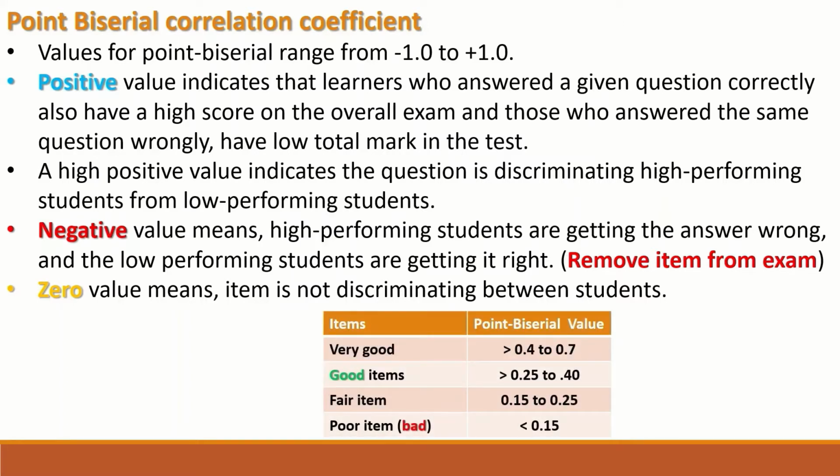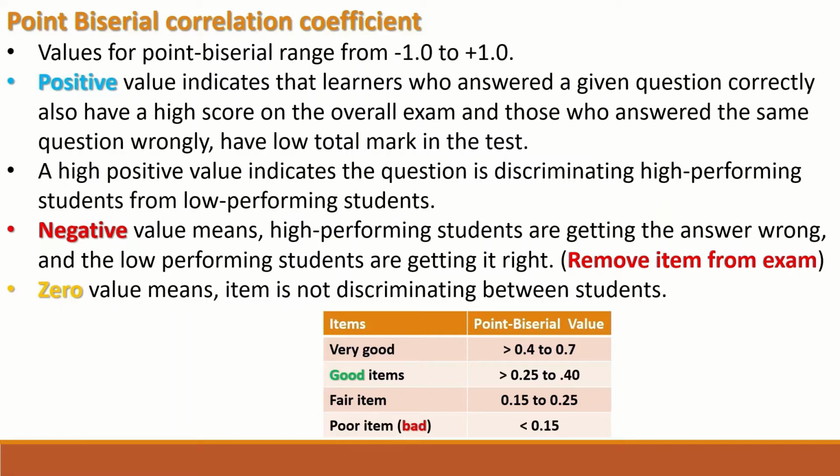In this small table, any value of point biserial that is greater than 0.4 indicates that the question is very good, and a value of 0.25 to 0.4 suggests a good item. A fair item has a point biserial value of 0.15 to 0.25.